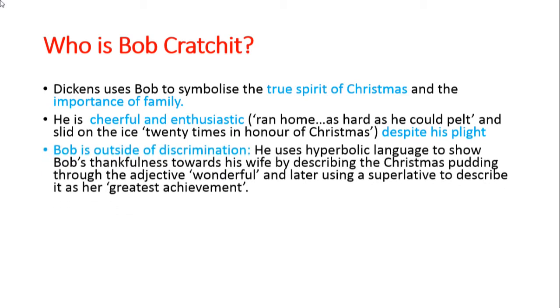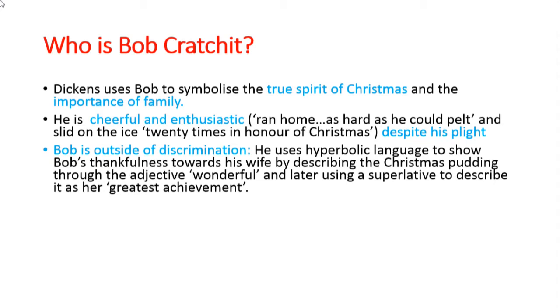Something that might not be obvious when you read the scene with Bob Cratchit and his family is that Bob's treatment of his wife, Mrs. Cratchit, is really telling. When he interacts with his wife, he uses quite hyperbolic, over-the-top language to show his thankfulness towards her for the Christmas pudding that she has created.